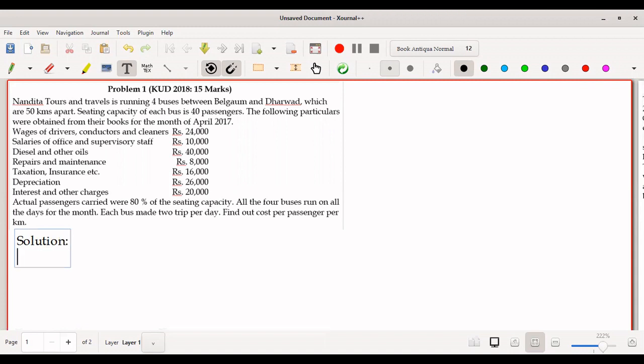So passenger kilometers is equal to, what was the formula?